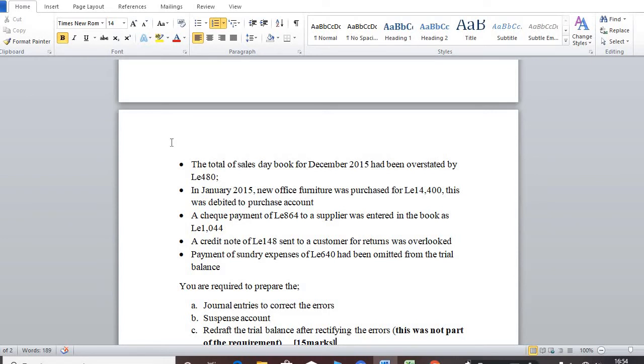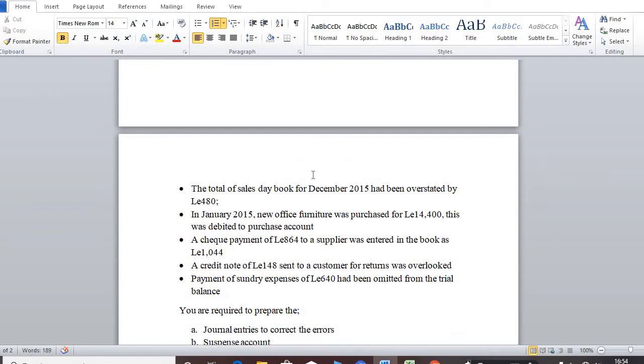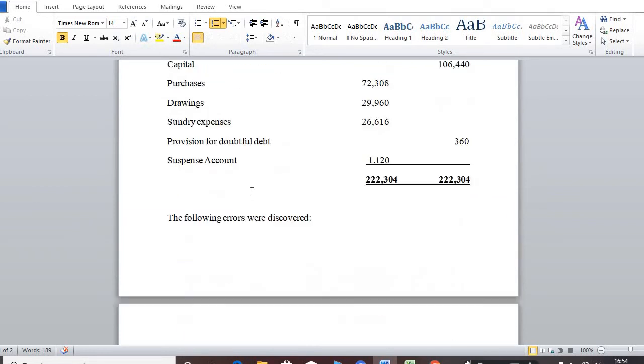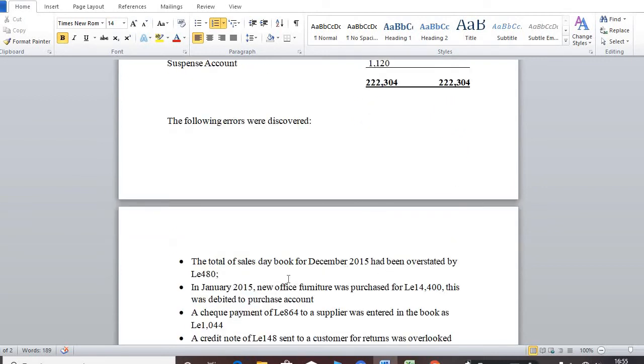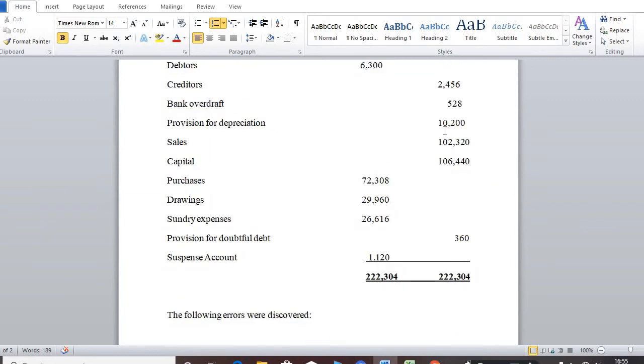If the day book has been overcast, it means the amount transferred from the day book to the sales account at the end of the period is also bloated by 480. So the sales figure of 102,320 has been overbloated by this figure, 480.